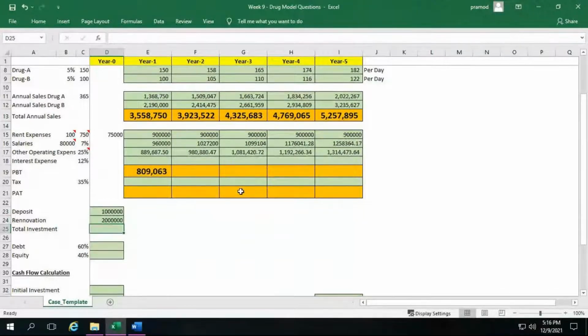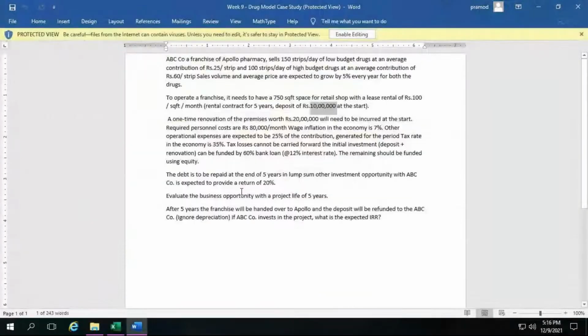Total investment should be deposit plus renovation, which will be 30 lakh. That means the deposit and renovation are to be repaid at the end of 5 years in a lump sum amount.